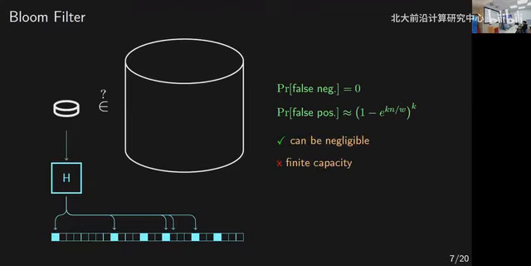And so that's not really useful for what we want because the number of UTXOs that we want to keep track of should be variable. Bloom filters inherently have a finite capacity. And so, well, it's cool that we can repurpose it to achieve something cryptographic in nature. We have to get around the finite capacity.